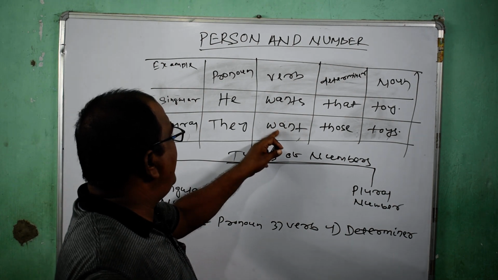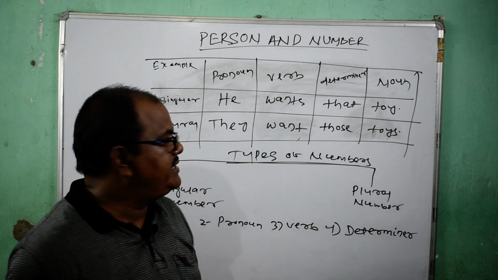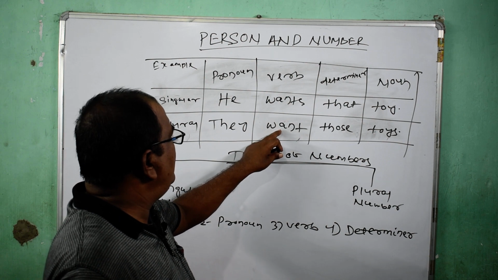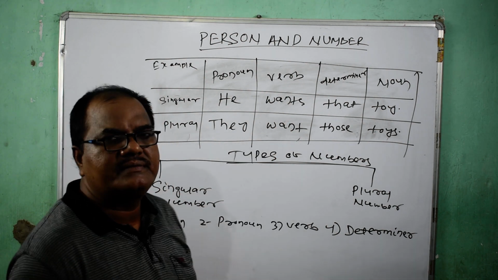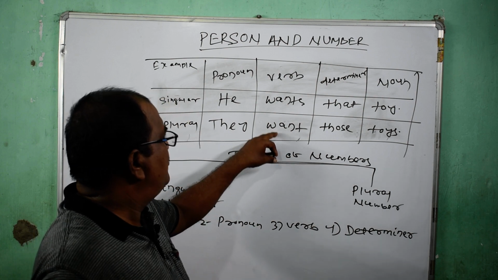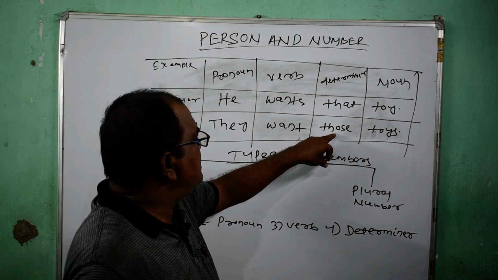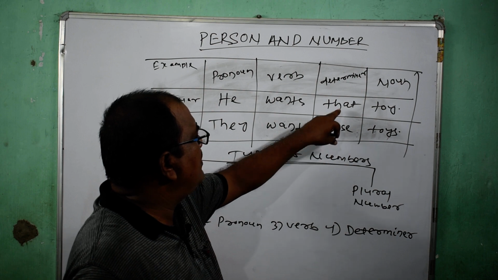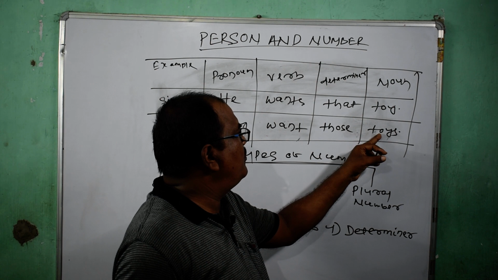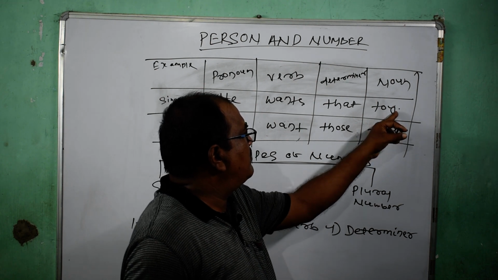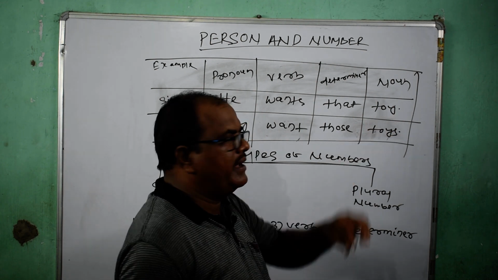Want is a verb which is the plural form of the word wants. Those is a determiner which is the plural form of that. And toys is a noun which is the plural form of the singular noun toy.